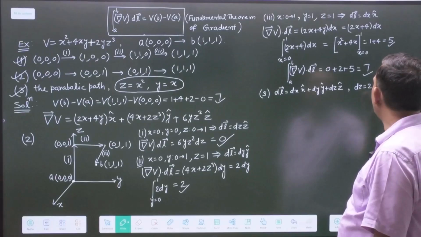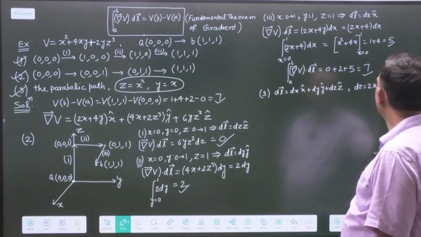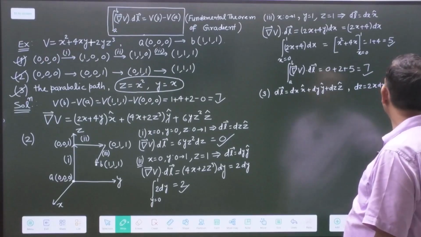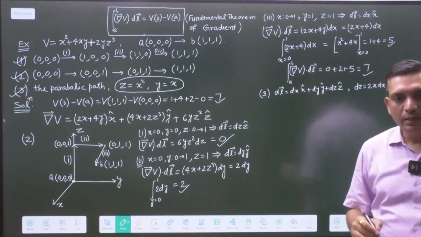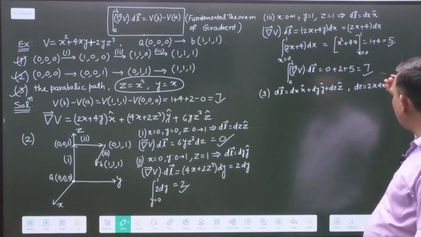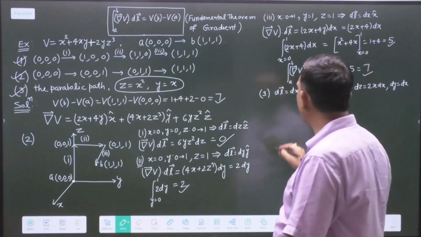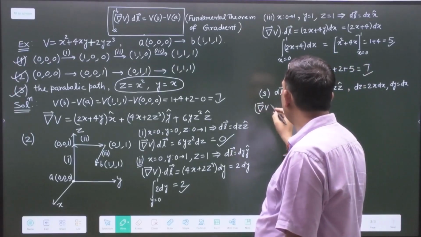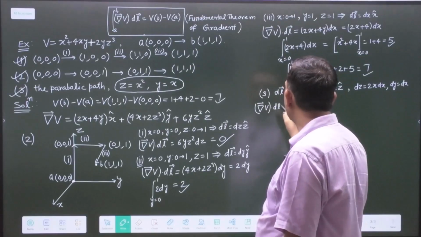So this is 2x dx, and dy is given by dx. So we have to convert gradient v dot dl in terms of either x, y or z. So I am trying to convert it in terms of x. So what will be gradient v dot dl?